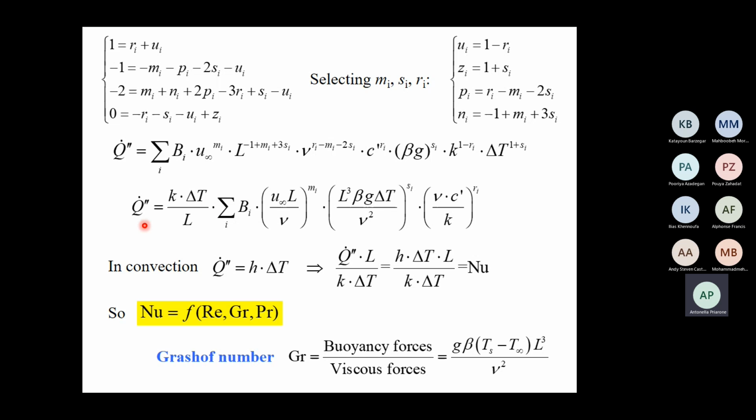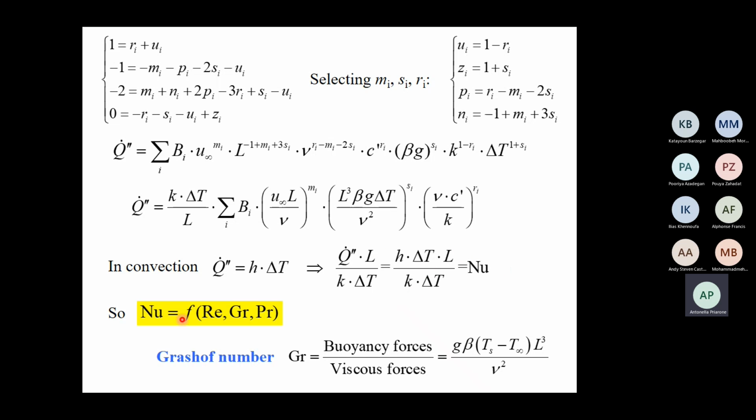And the first member can be rearranged, yes, because the flux by convection can be written by means of the Newton law, H by delta T. I take this part on the first member, so it will be H by delta T by L divided by K delta T multiplied by L. You recognize something here: it is the Nusselt number.